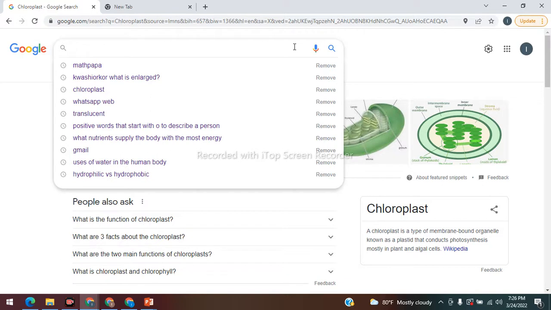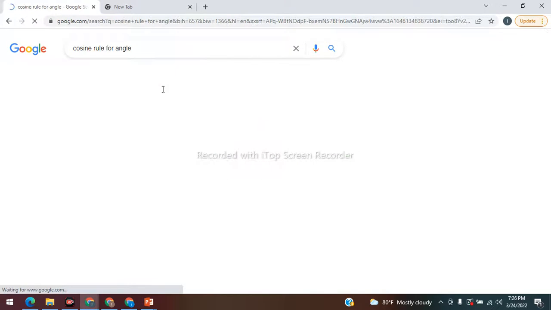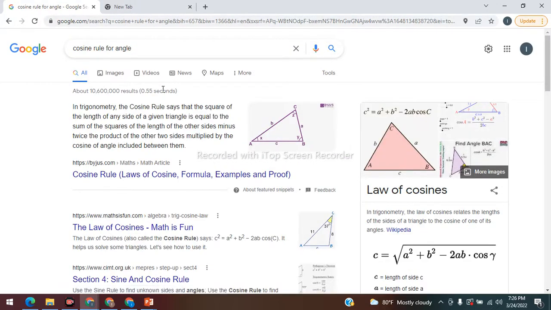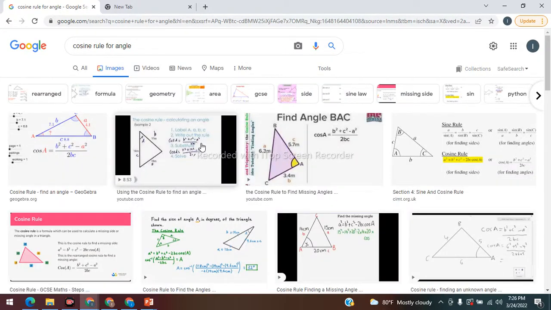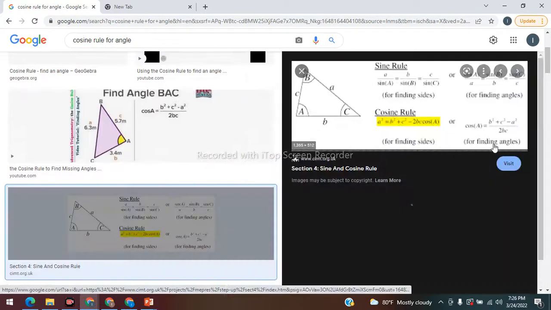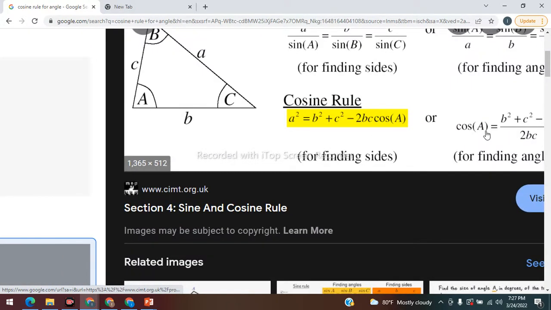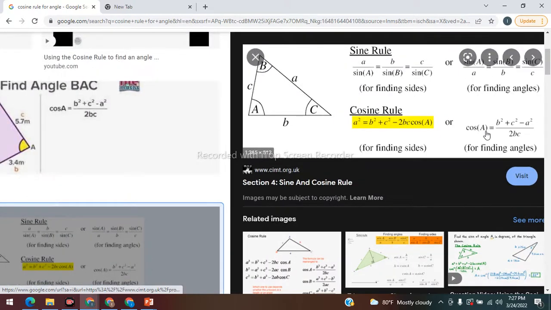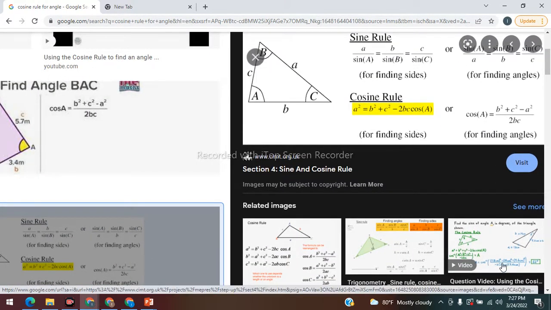So cosine rule for angle. Okay, so this is it right now. I wish that they did it better here.